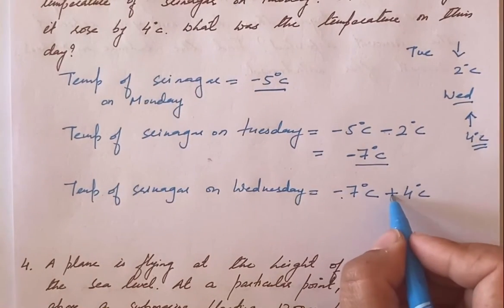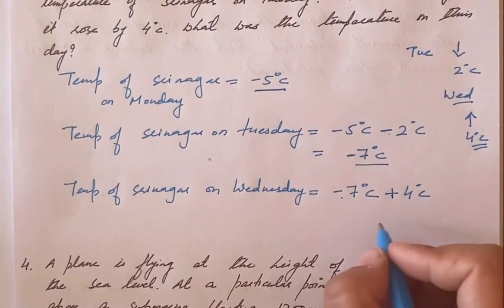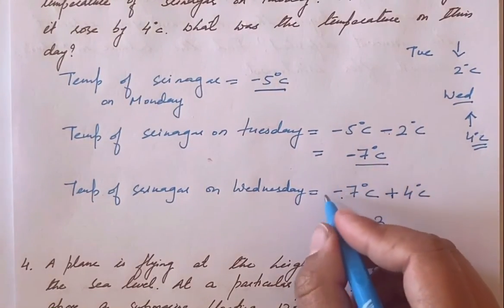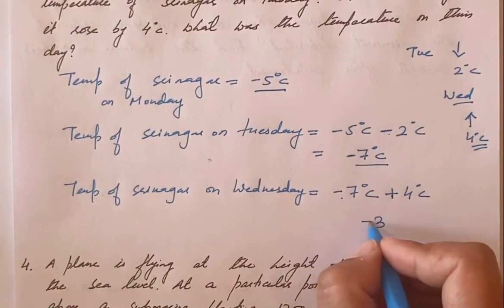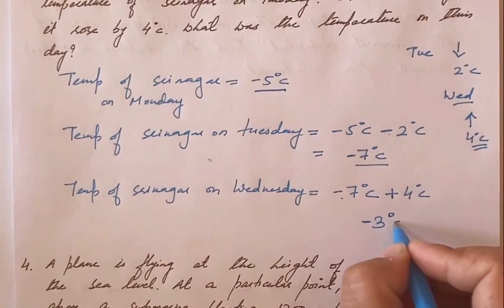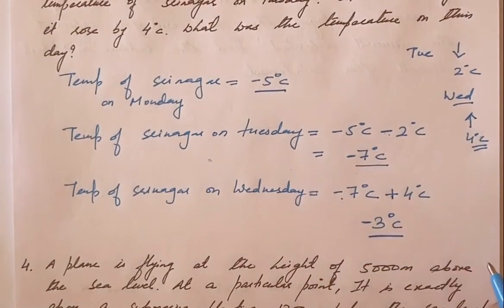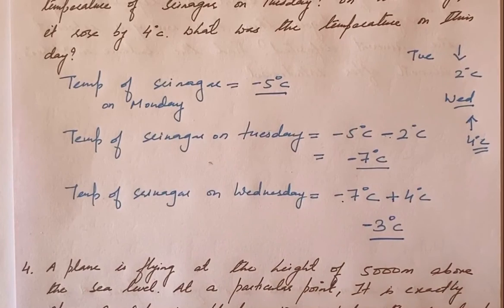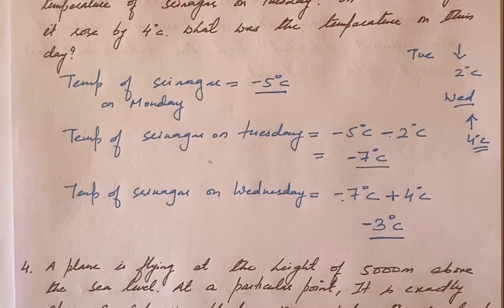That is minus 7 plus 4, which is 3. The greater number is 7, it has a negative sign, so the answer will be negative. So Wednesday's temperature is minus 3 degrees Celsius. So this was your question number 3.